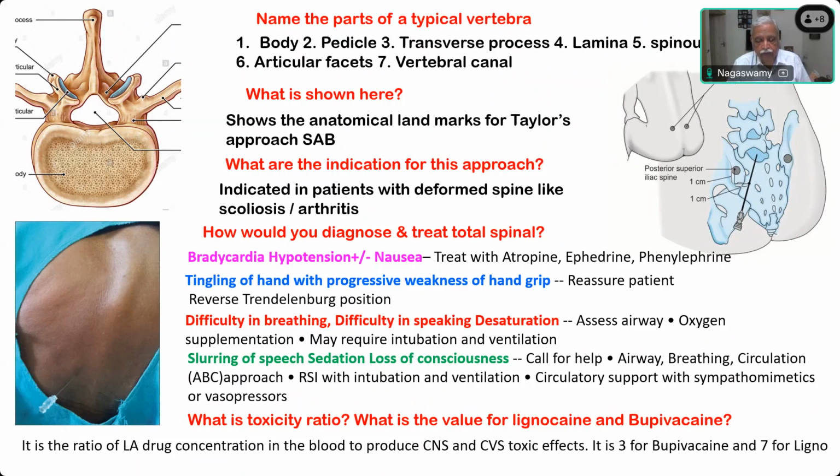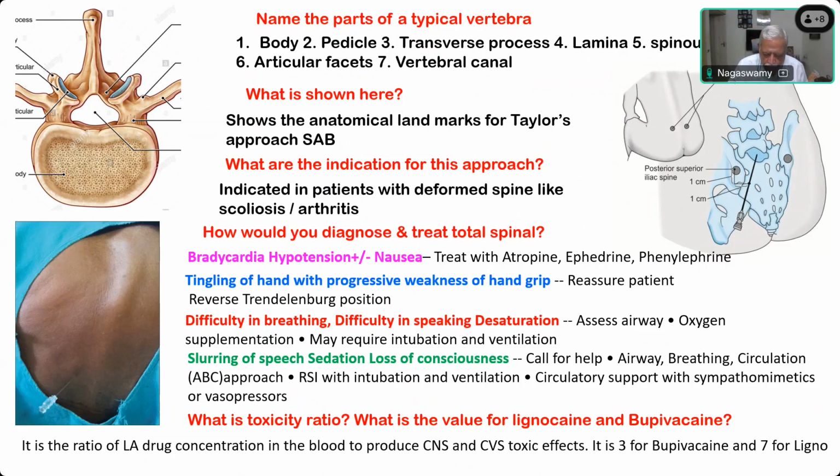Whereas for lignocaine, it is 7. So even when you have tingling, circumoral numbness, and other things, you require 7 times more concentration to produce a cardiac arrest. So it will take a longer time to result in cardiovascular toxicity, and it will be easily reversible. Whereas bupivacaine binding is also very strong, so reversal will be difficult, and the safety is very low.